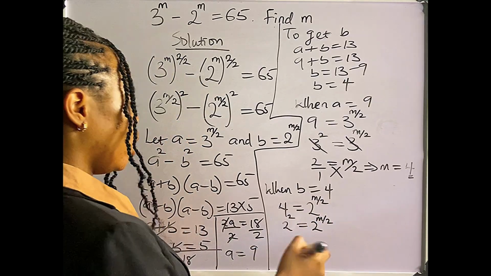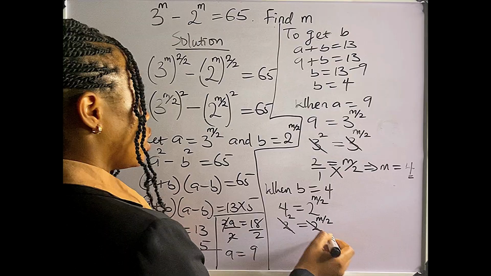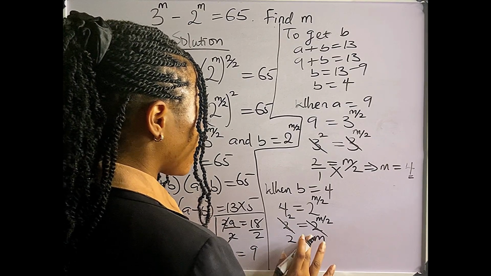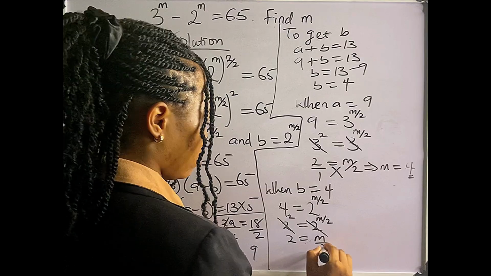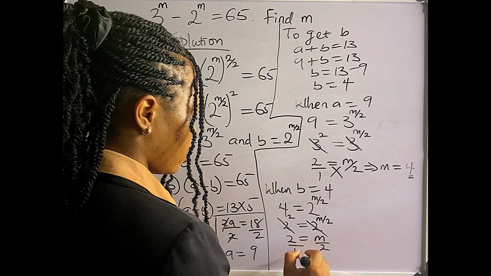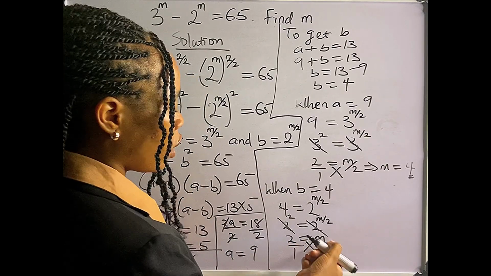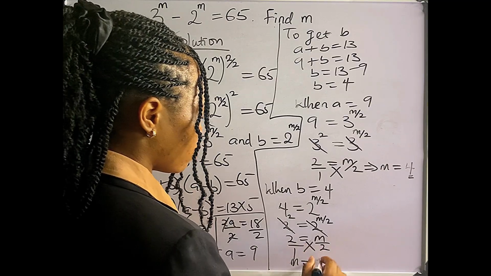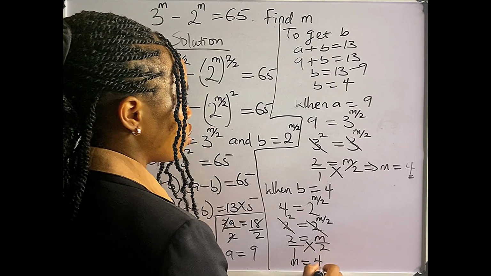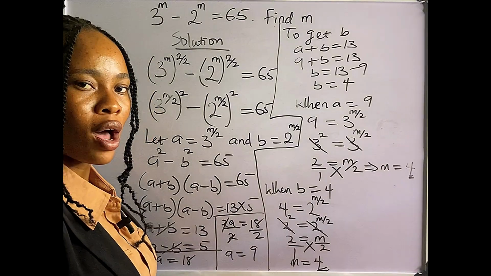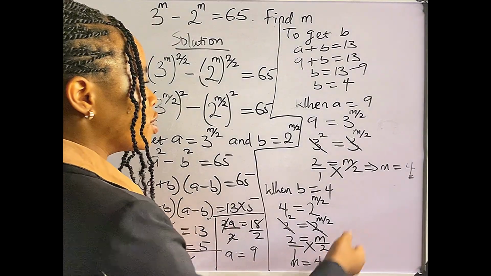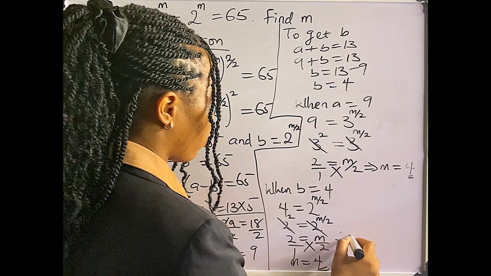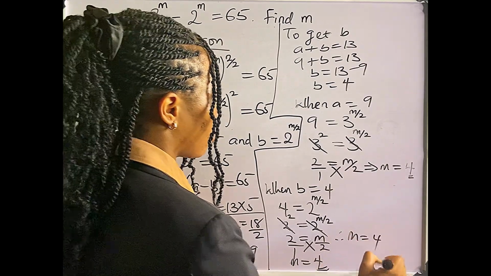So same thing here, the bases are the same, cancel the base and then equate the powers. We have 2 equals m over 2. So we base this over 1 and then cross multiply. So m times 1, I have that m equals 2 times 2 gives me 4. So you see that we've gotten 4 as our answer. So we can see that m is 4. So therefore m equals 4.